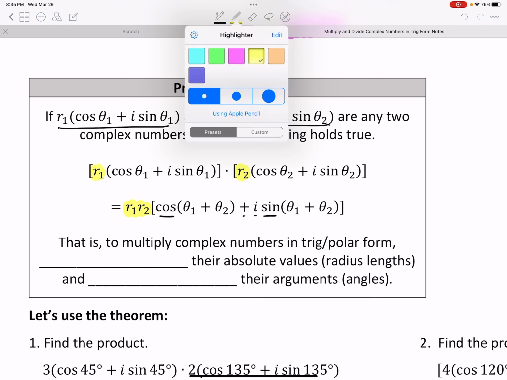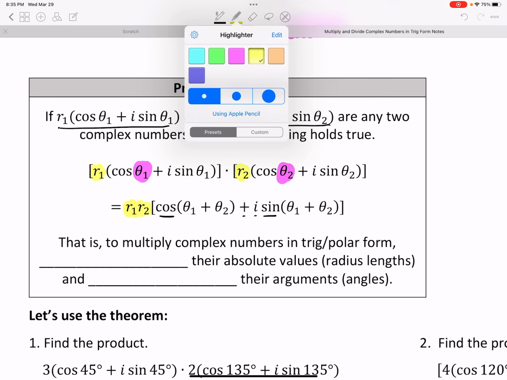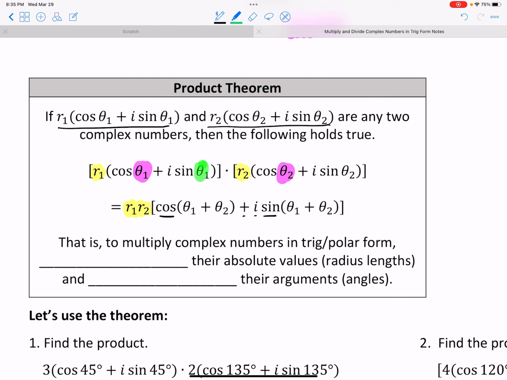To get to the angle here, or the same angle here, we're going to add the corresponding angles from our original complex numbers. So if I add the first angle here with the first angle here, similarly, I end up with that sum.